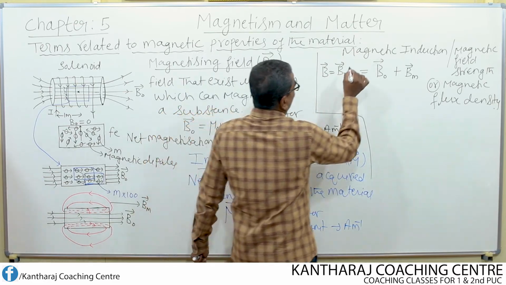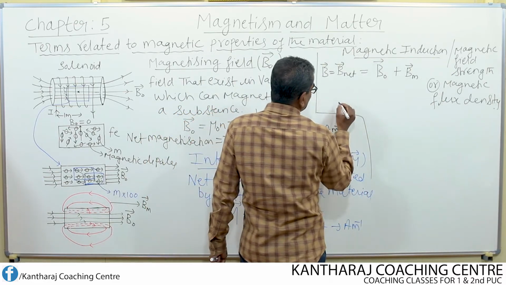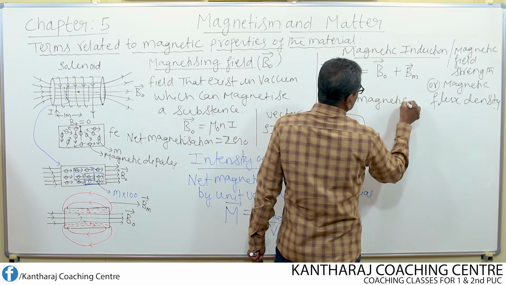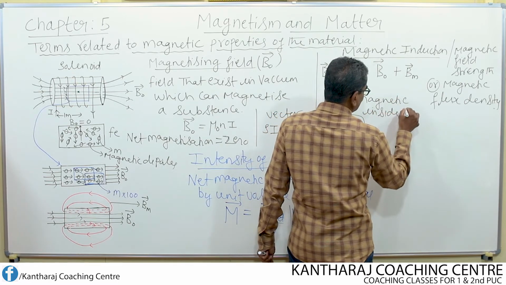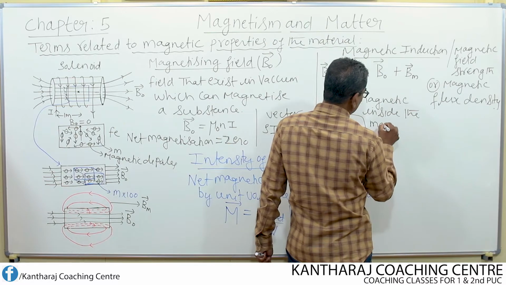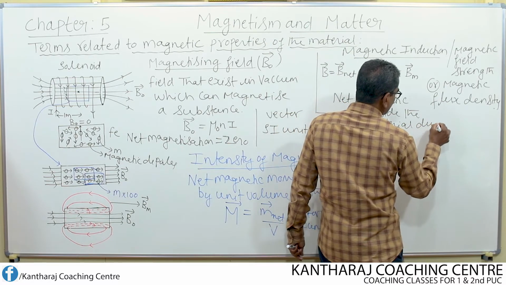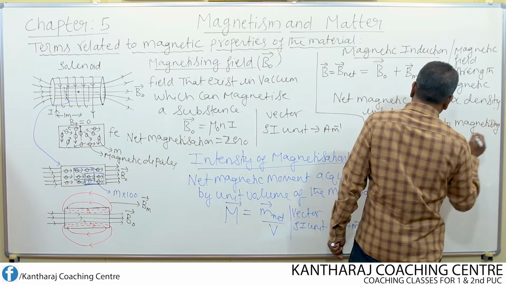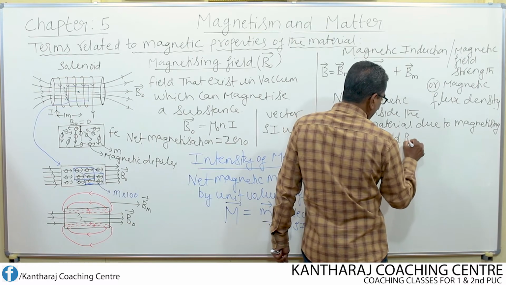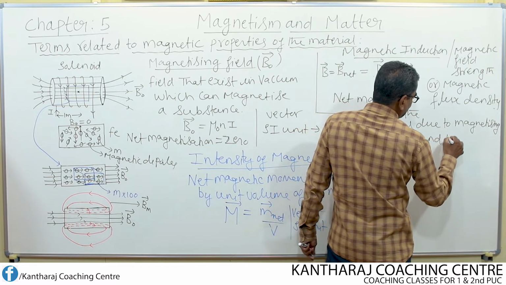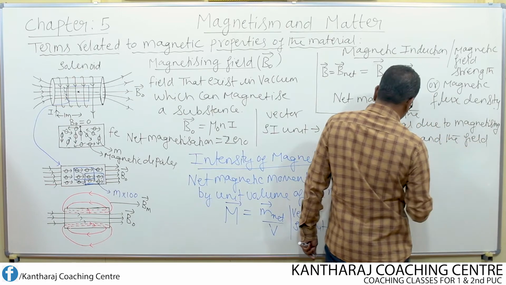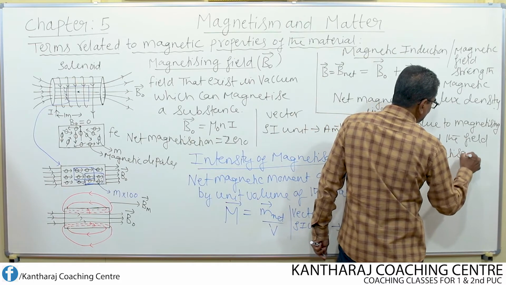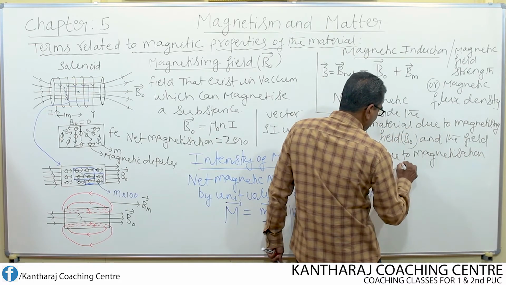Now let us define what is meant by magnetic induction. So it is nothing but the net magnetic field inside the material due to the magnetizing field, that is B naught, and the field due to magnetization of the material.